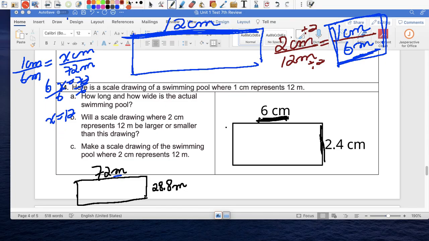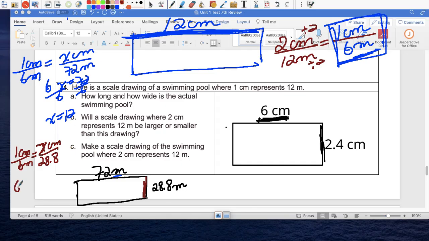Well, let's look at the width of the pool using his scale. Let me do it over here in the corner. 1 centimeter is 6 meters. And this time around, we want x centimeters, and the length in real life for the pool is 28.8. Let's cross multiply.